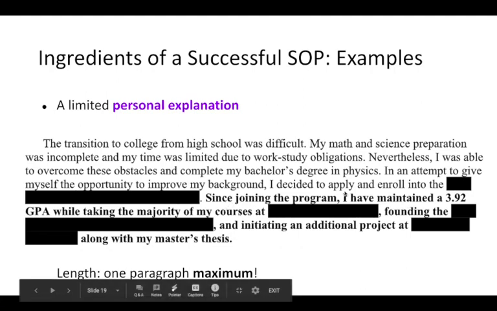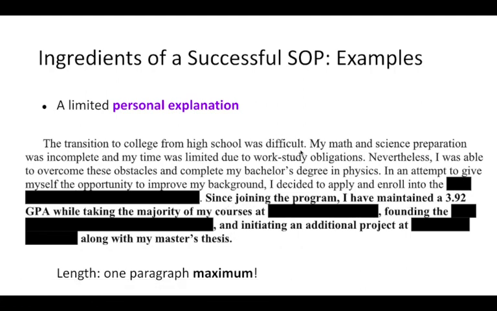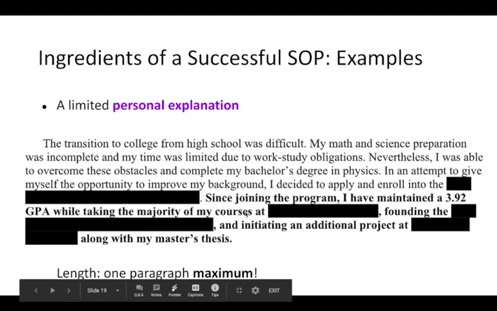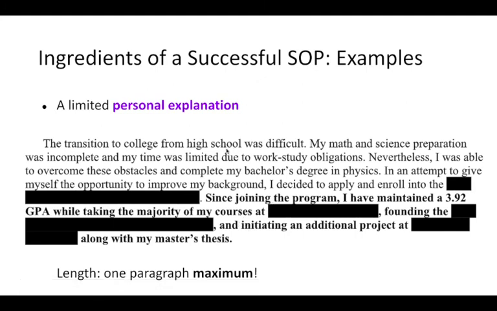Also, we can get the sense that maybe the student, due to a difficult high school transition, had a low GPA for a patch there. Do we know what that GPA is? No. The number that gets to stick with the reader is 3.92, a GPA that would be enviable for anybody. Again, most of the paragraph is dedicated to the positive takeaways.